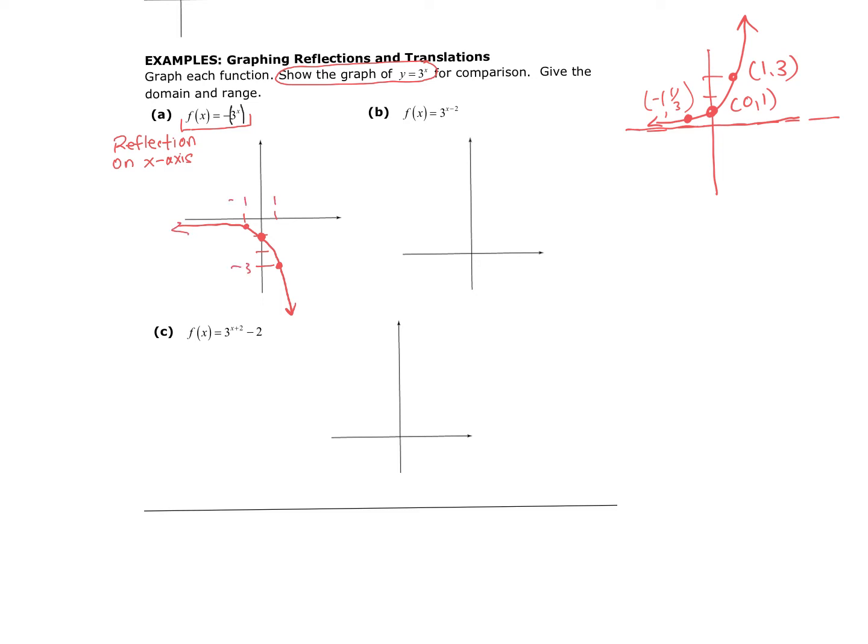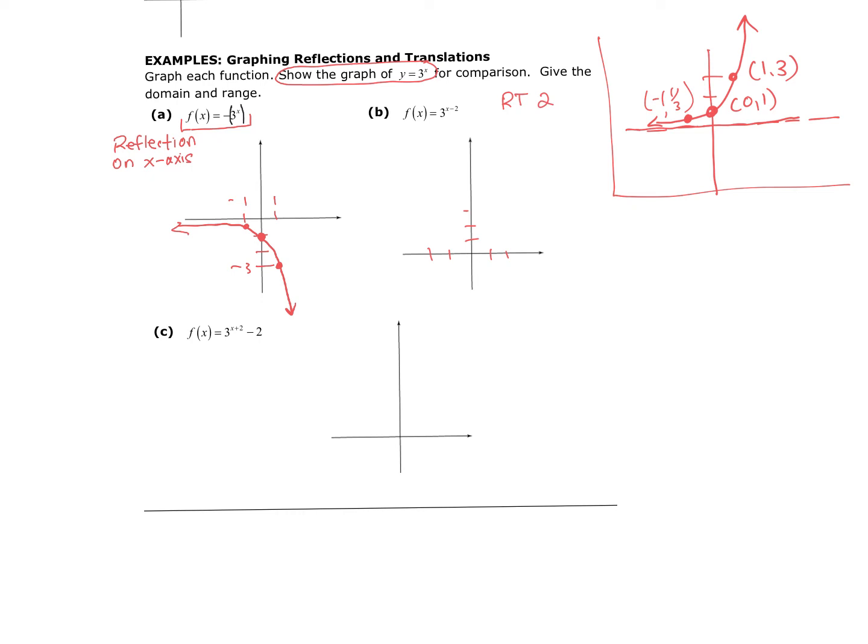All right, what happens when we take this basic graph up here in the corner, 3 to the x, and we subtract 2 from the x? Well, since it's a minus 2, it's a shift to the right 2 units.